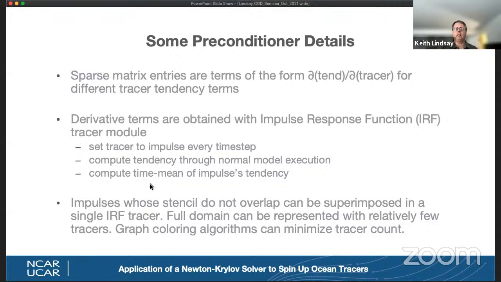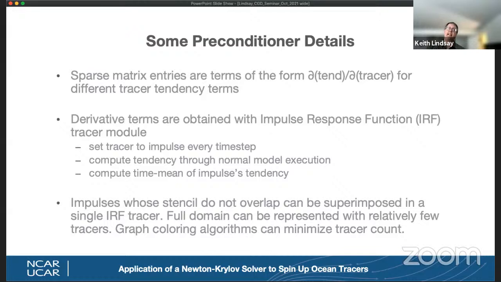There's some cleverness where if you had just put impulses all over the globe, and for every point on the globe, if you had a tracer that represented an impulse at that location, the number of tracers would be equal to the number of grid points on the globe, which would be hundreds of thousands, which is not practical to run with.